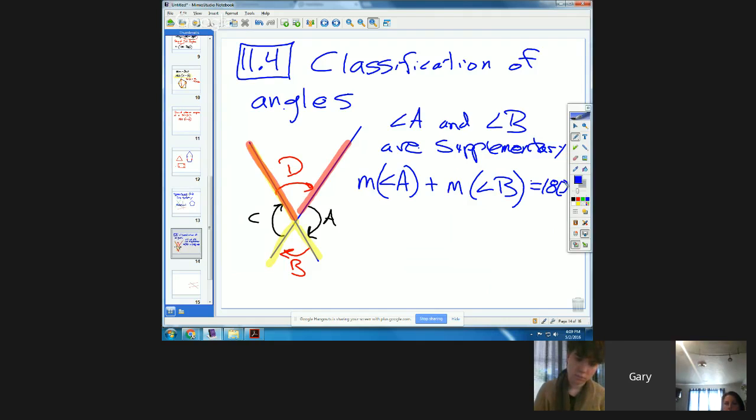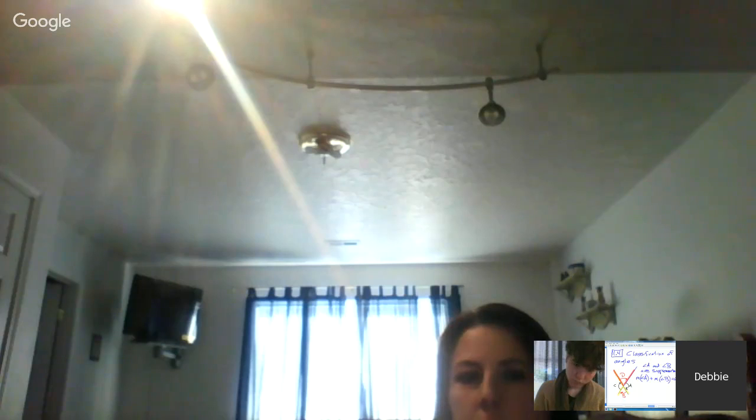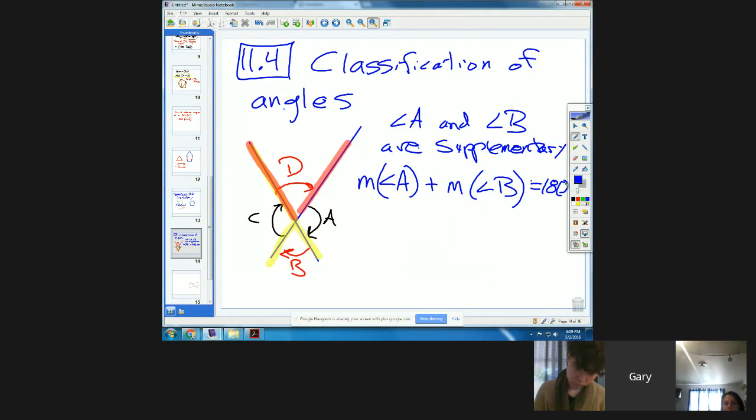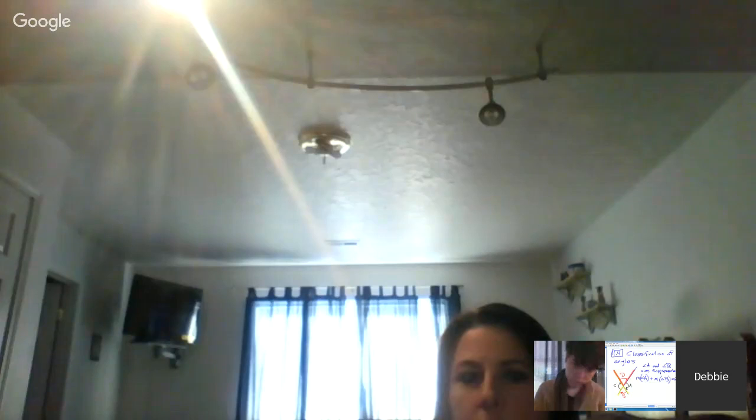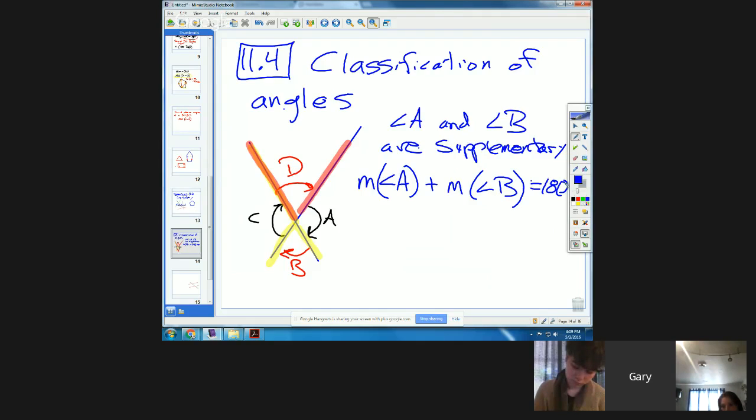How about A and D? Are they supplementary? Yes. How about B and C? Yes. So what we're going to find is as we move around two intersecting lines, adjacent angles are always going to be supplementary. Two angles are next to each other.